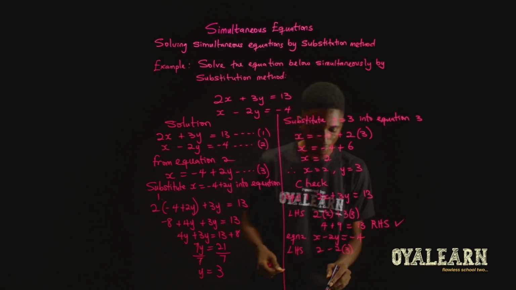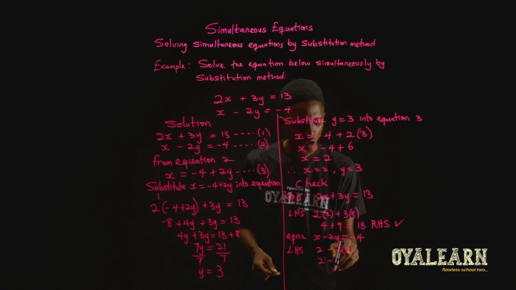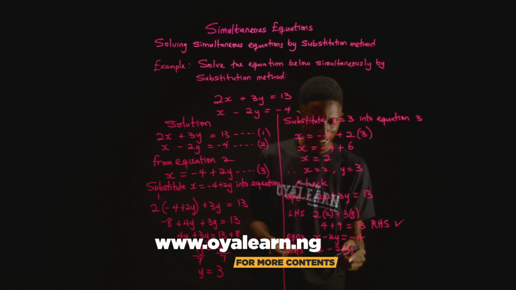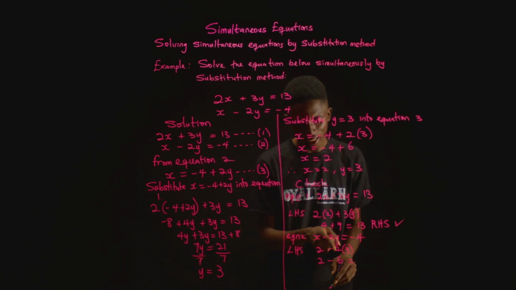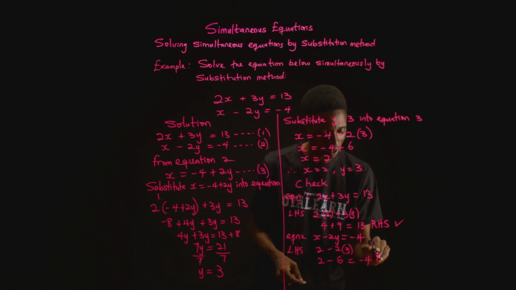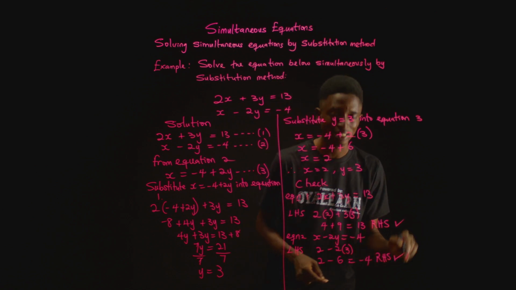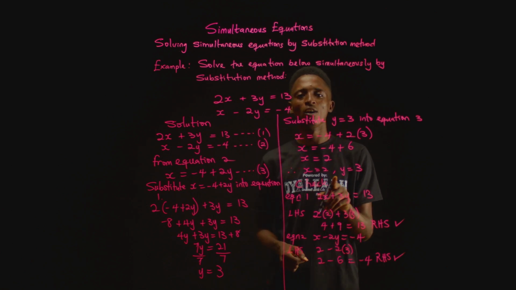Now let's see what this will give us. That is, we have 2 minus 2 multiplied by 3 will give us 6. And 2 minus 6 will give us minus 4, which is consistent with our right-hand side, hence it is correct. So the value of x is 2 and the value of y is 3.